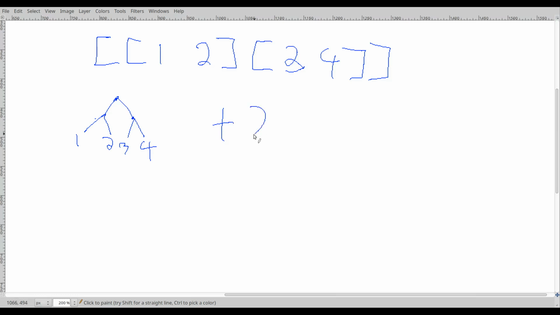So +2, our cell A, maps to this entire cell right here. Okay. So if we number these, this is 1, 2, 3, 4, 5, 6, 7.